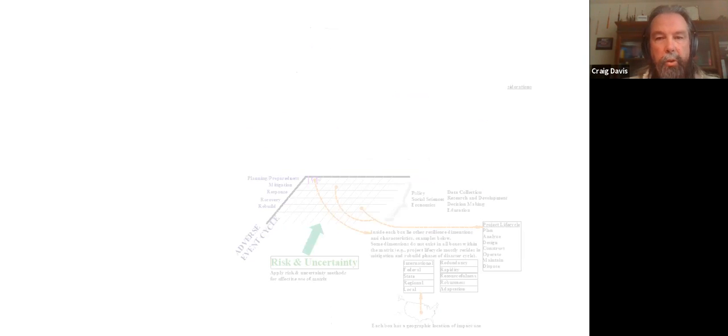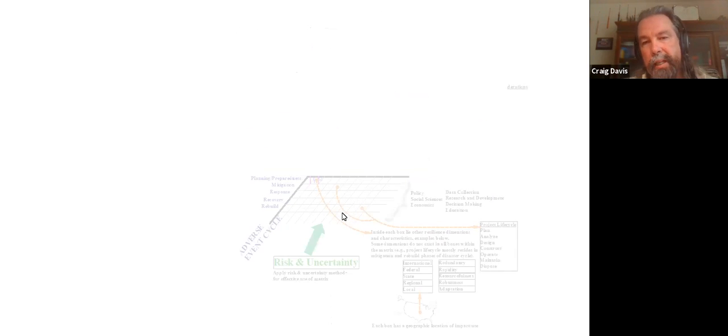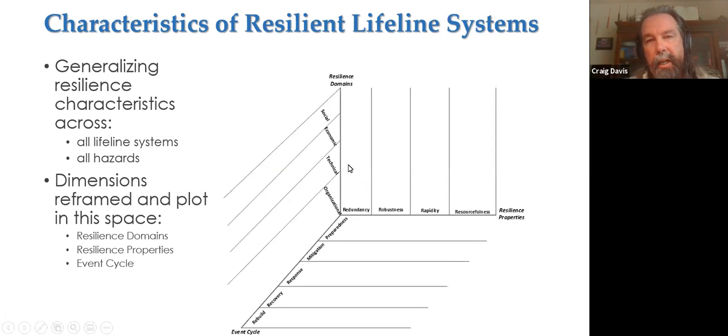And then once we generalize it and reestablish, keeping the same event cycle, the primary dimensions that we want to look at are the resilience domains, which are the social, economic, technical, and organizational, and the resilience properties, which include redundancy, robustness, rapidity, and resourcefulness. So through that, we'll define the characteristics.